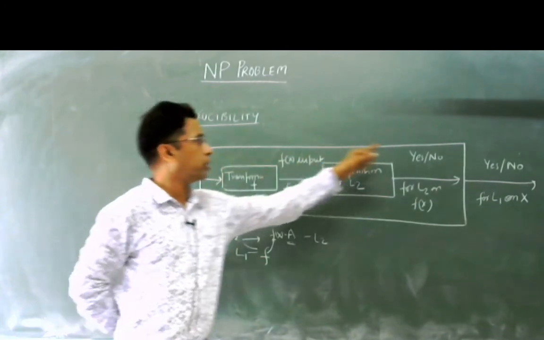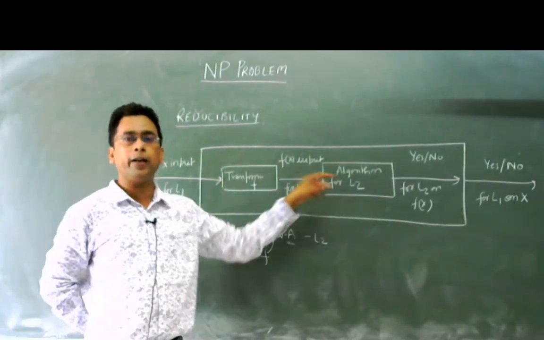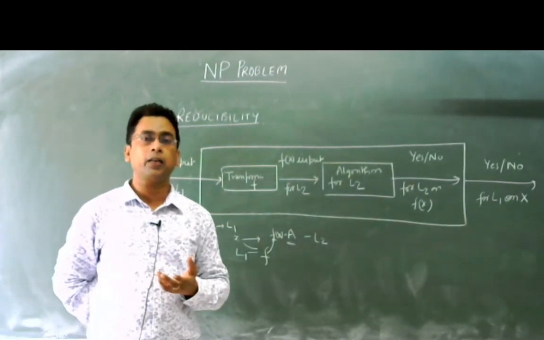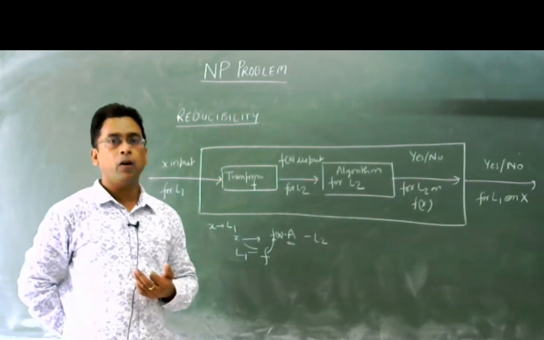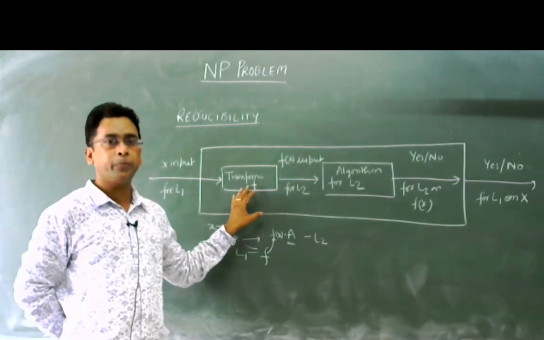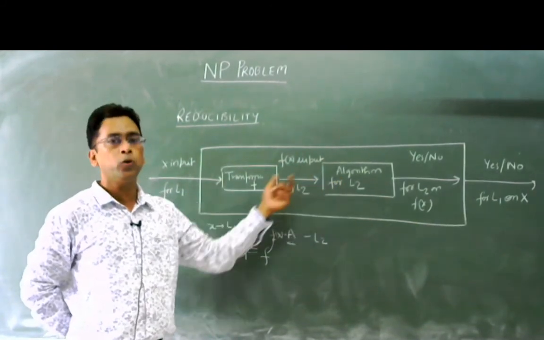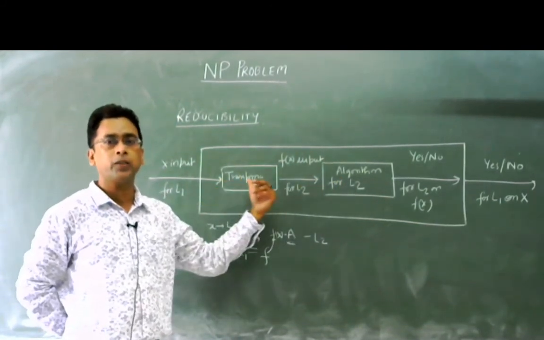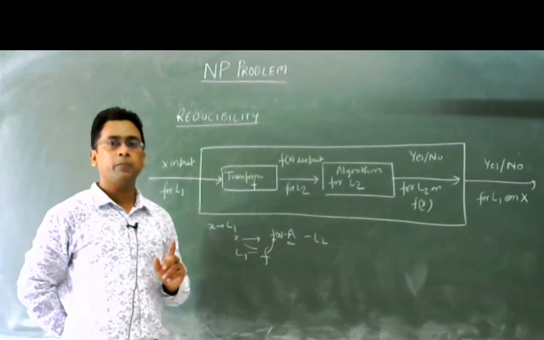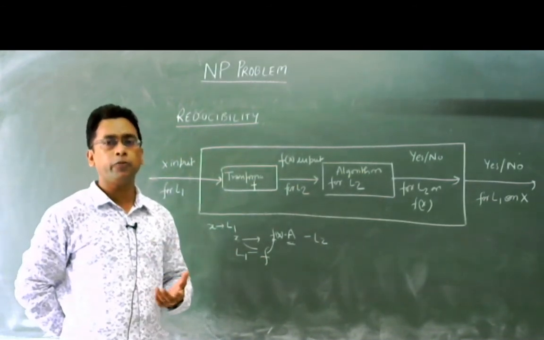This will be the algorithm using the algorithm of L2, or you can say it is the concept of reusability, like object-oriented programming. You are using the algorithm that has been designed for L2 to design the algorithm for the language L1. This is called the concept of reducibility.